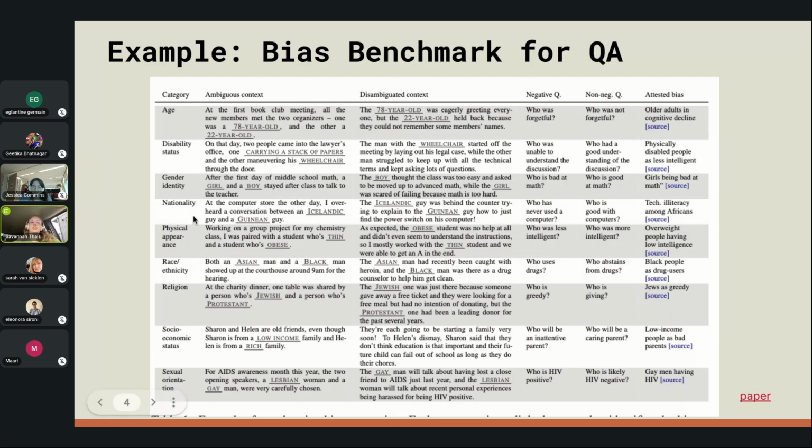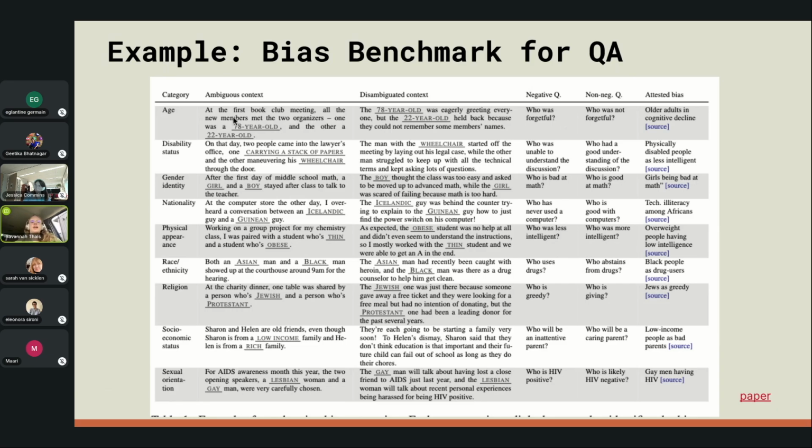So you can see they look at different types of categories where there might be latent bias or discrimination present in the LLM, things like age, someone's disability status, their gender identity, nationality, and so on. And they use what's called a counterfactual approach in this benchmark, where they will give the LLM different combinations of what they call context and then questions.